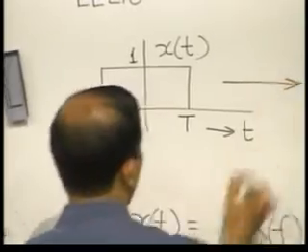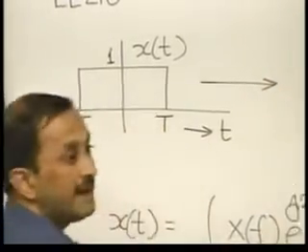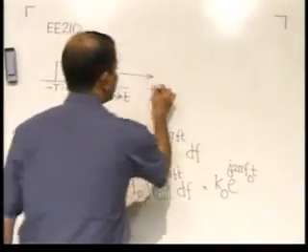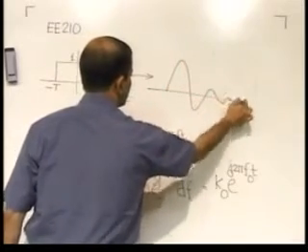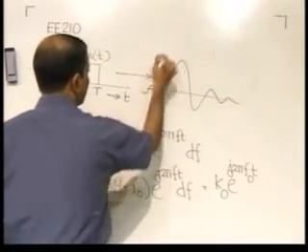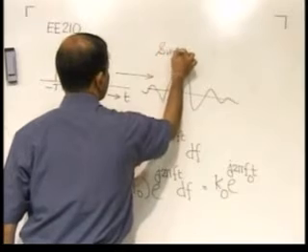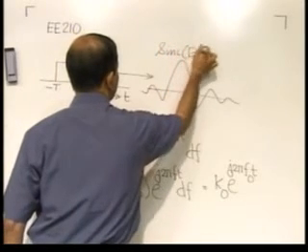Its Fourier transform is of the form sin f by f. It's not important, I'll just draw the sketch. This is what the Fourier transform looks like in magnitude. It's a sinc Bf pattern, let's say. B is a constant.